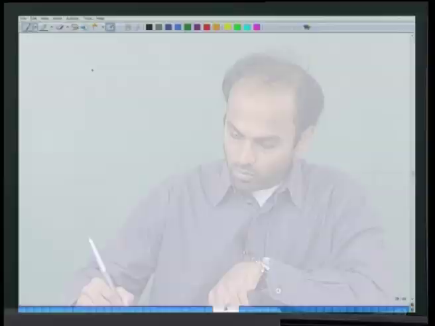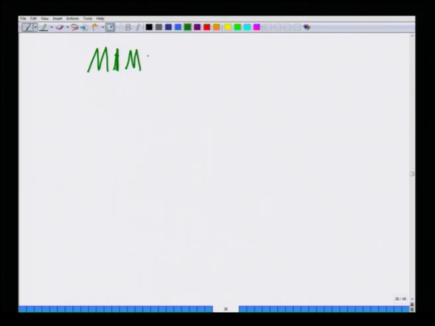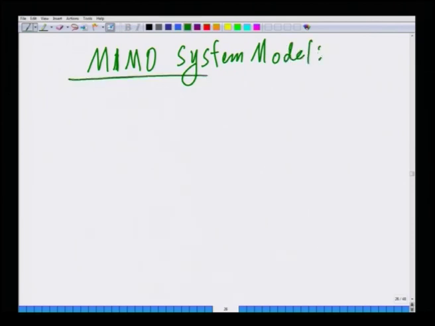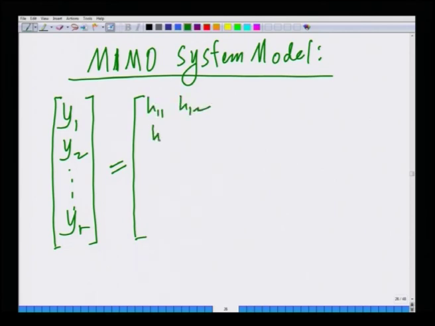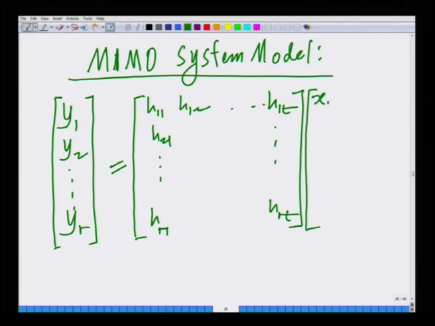So, now let us go to the MIMO system model. The MIMO system model can be described as follows: Y1, Y2 up to YR equals the channel matrix H11, H12, H21, so on, HR1, so on, H1T, so on up to HRT times X1, X2, up to XT.